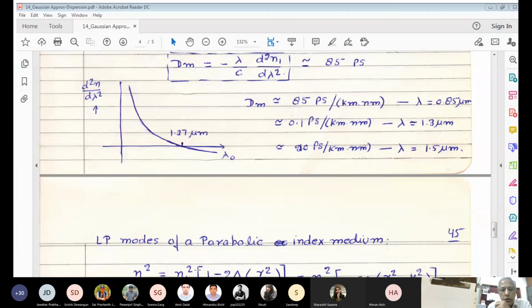Any other question, difficulty? Good morning, sir. Sir, my question was, you have mentioned that as V increases, the fractional modal power in the core also increases. But as V increases, your higher order modes also increase, and for higher order modes you have more power in the cladding. So what I am discussing is for an individual mode. For each mode, as V increases, its fractional modal power would increase.